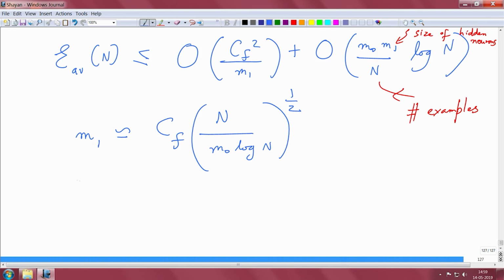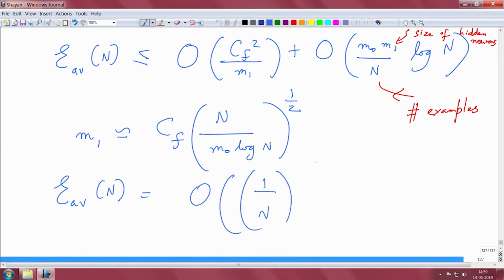So if I simplify the average error, this is further simplified, where s is a measure of smoothness and m naught is this quantity which depends upon the input dimension.